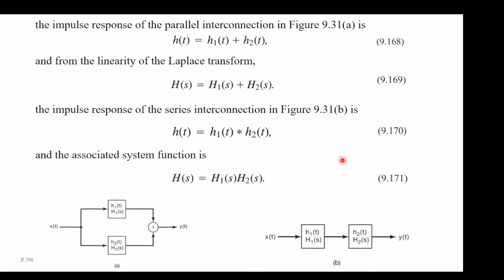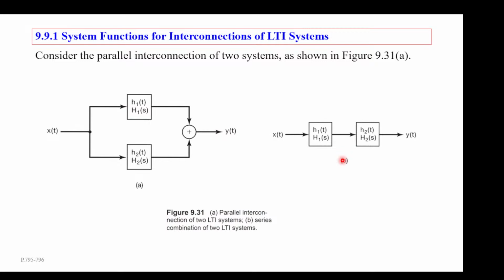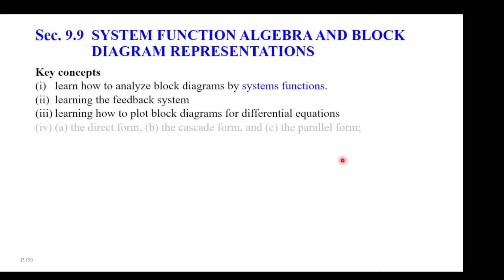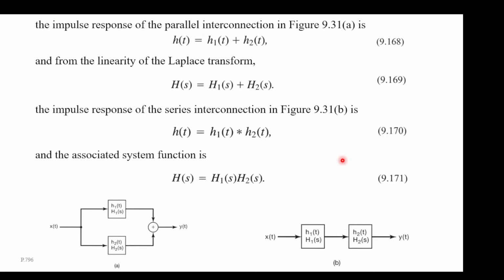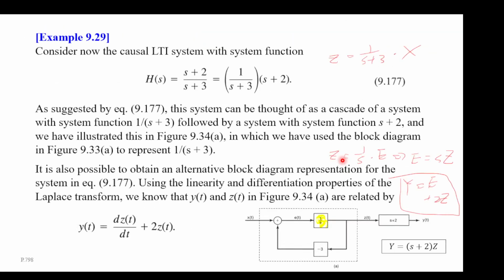Last time we went over the block diagram interconnection and the analysis of LTI systems with the system function pretty fast, so we will not ask you for too much detail about it.